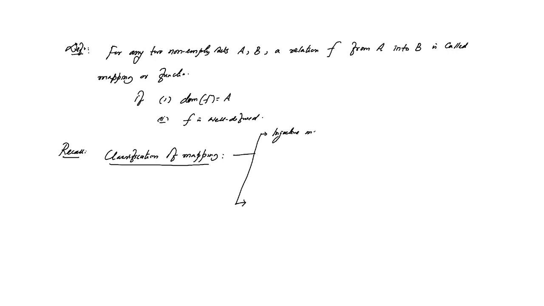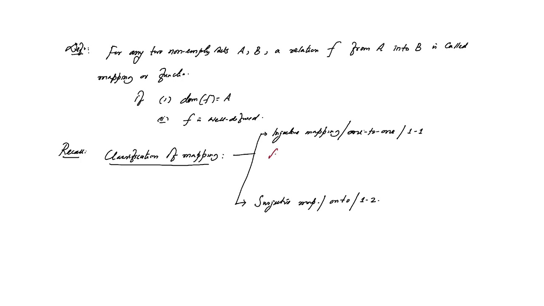Injective mapping is sometimes called one-to-one mapping, or in some books one-one mapping. Another mapping is called surjective mapping, which is also called an onto map.